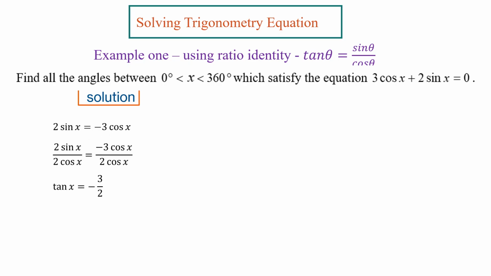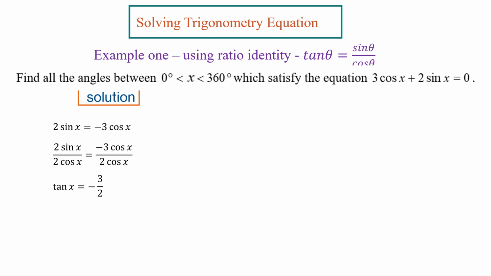So first of all, we're going to divide both sides of the equations with 2 cos x. But before that, let's move 3 cos x to the right hand side first. So you have 2 sine x equals to negative 3 cos x. And then you divide both sides of your equation with 2 cos x so that you get tangent x equals to negative 3 over 2.